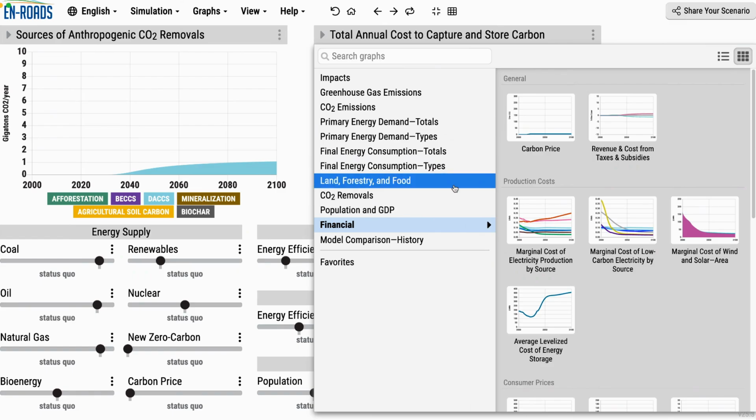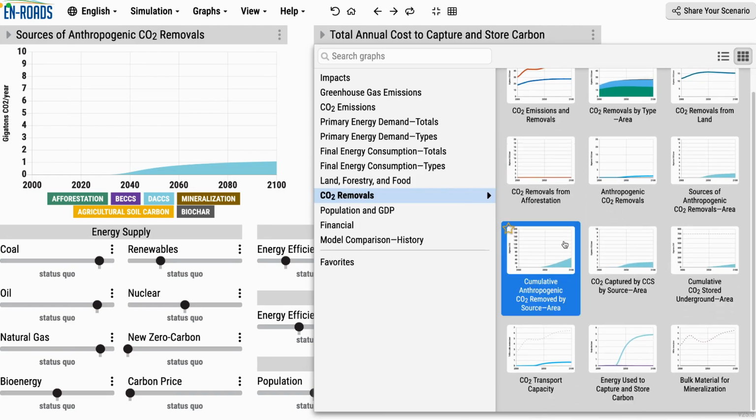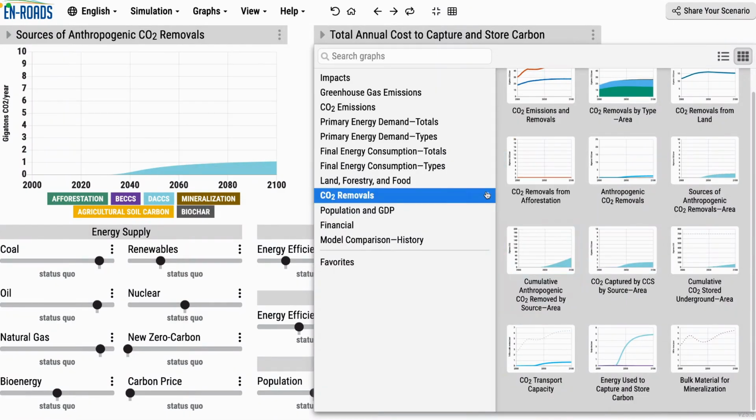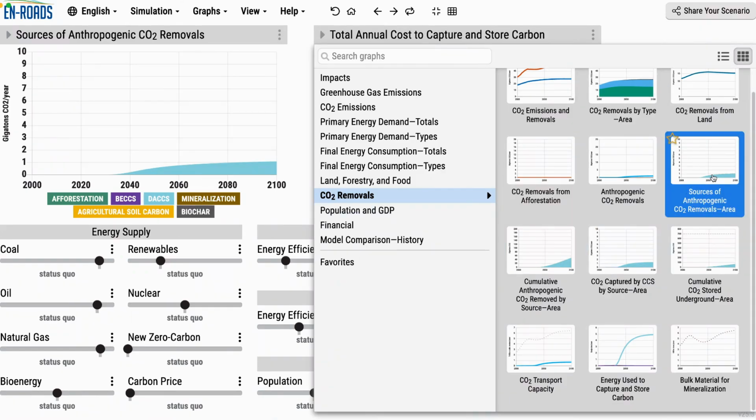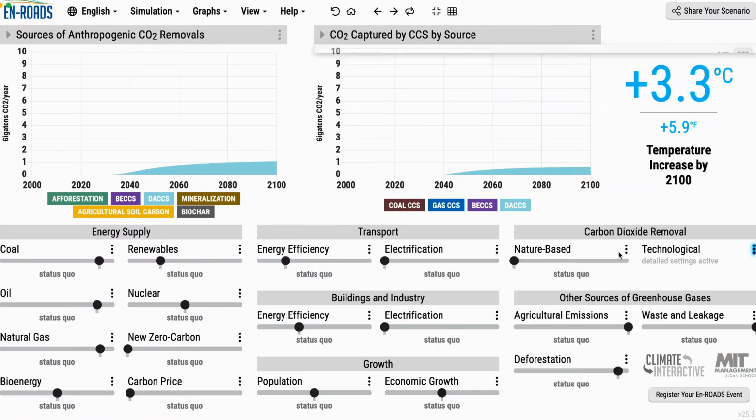And I'm going to go and look at overall removals by different sources. Not sources of anthropogenic removals, but here, captured by source. Here, CO2 captured by 2080 is 1.3. Here it is as 1.